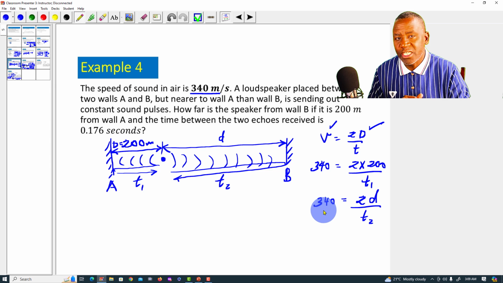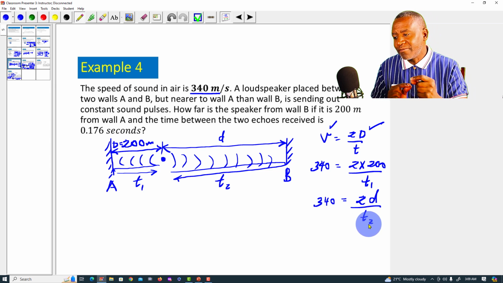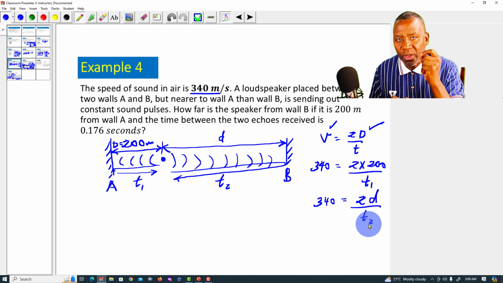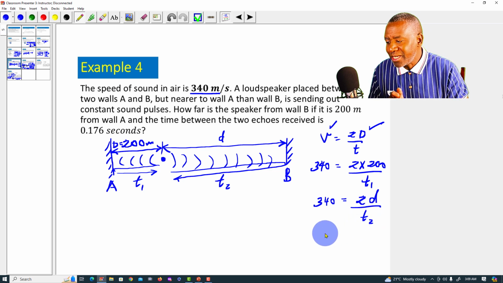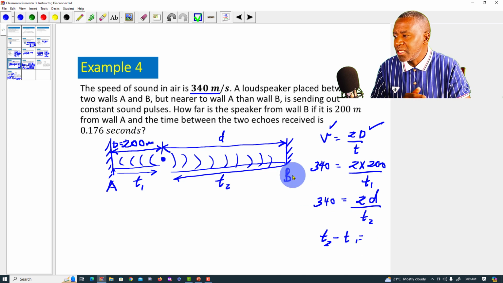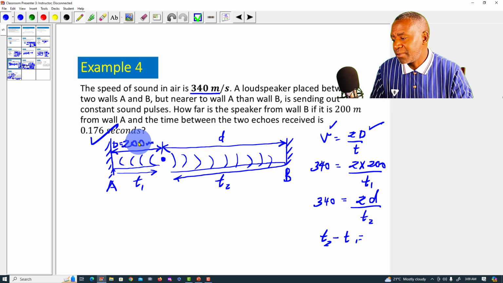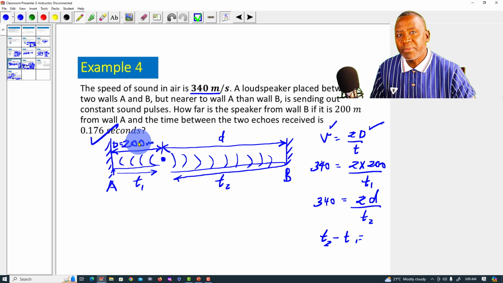Here we get the T2. It will not directly have an exact value because D is still unknown. But we've been told that the difference between the two times, T2 minus T1, because T2 is higher than T1, is this value here. And by forming that equation, we can calculate the unknown, which is D.